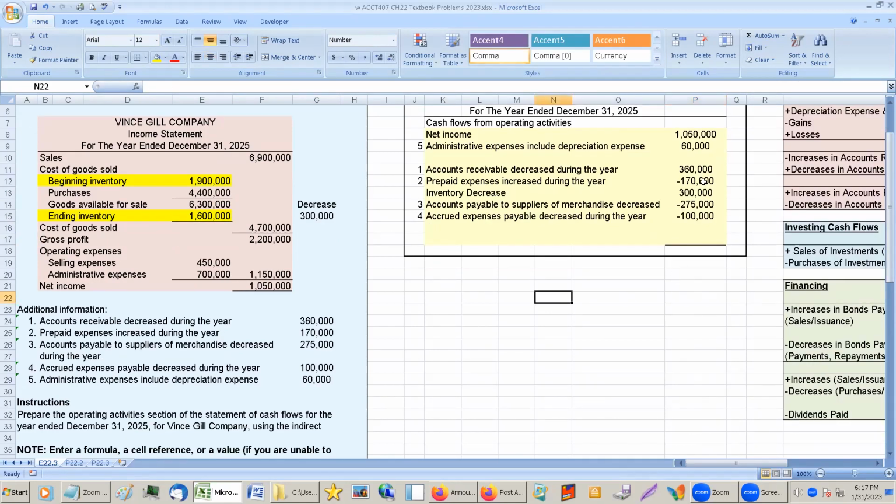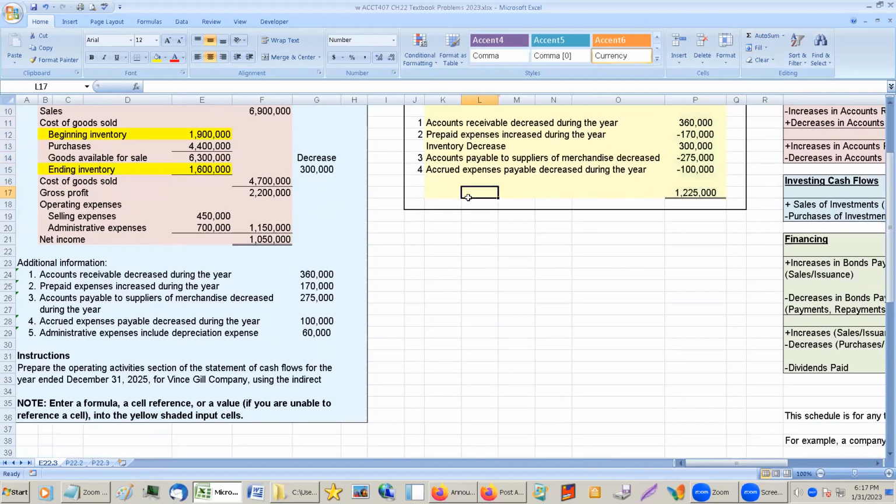I think we got everything. Let's total up and see what it says. Oh, that is it.